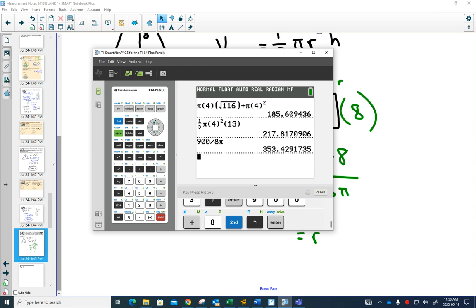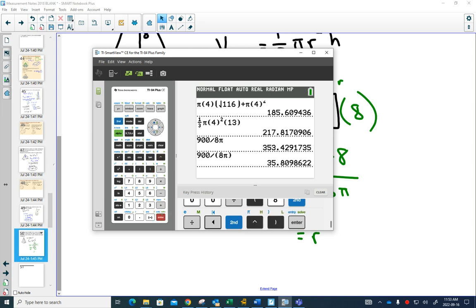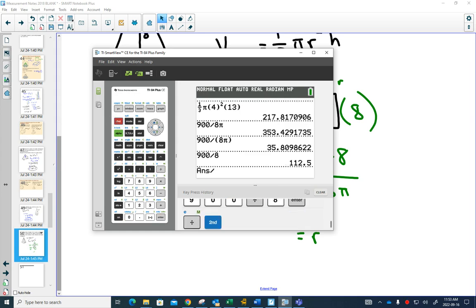Technically, your calculator knows order of operations, but it only did 900 divided by 8. It got an answer, and then multiplied by pi. If you want to divide by both the 8 and the pi, you would need to either put it in brackets, which most people will do, or do 900, divide by 8 first, then divide by pi second.